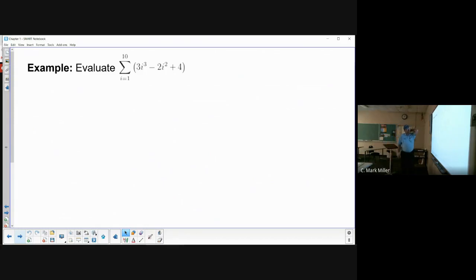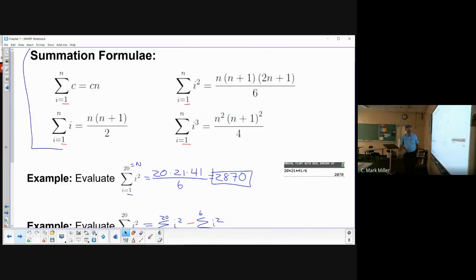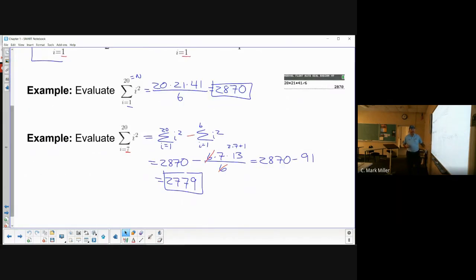Now, question. We're doing from 1 to 10. You notice that all of our summation formulas are always from 1 to whatever number. Down here was how you handled it when it was something besides 1 at the bottom. It was 7 down here up to 20.